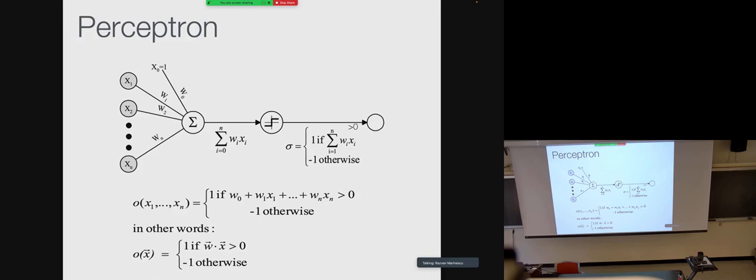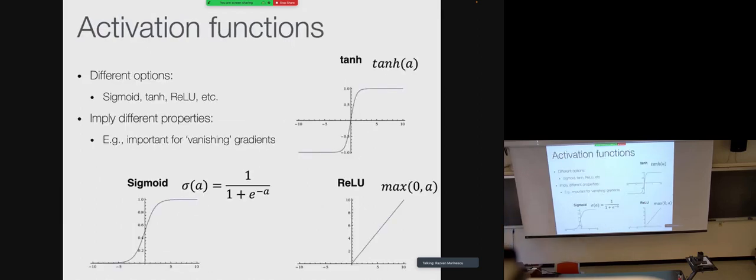Otherwise, we set it to -1. This is the particular form of the activation function used in the perceptron algorithm. It can also be written as: if the inner product between the weight vector w and the input vector x is greater than 0, then we set it to 1. Otherwise, it's -1. There are many other types of activation functions. We don't have to just use this function.